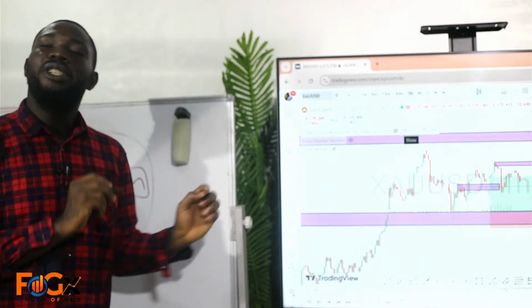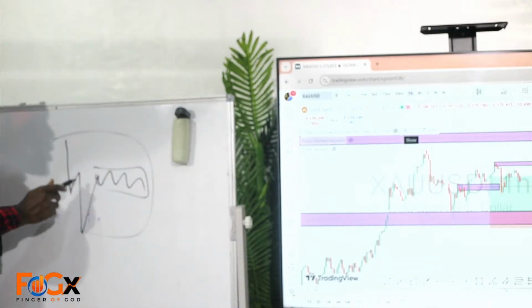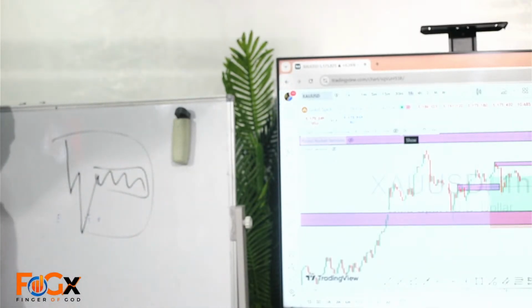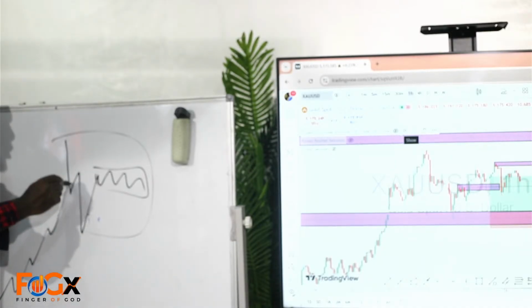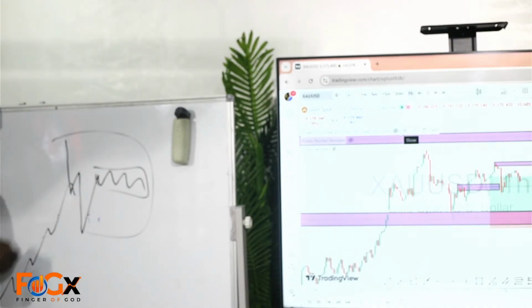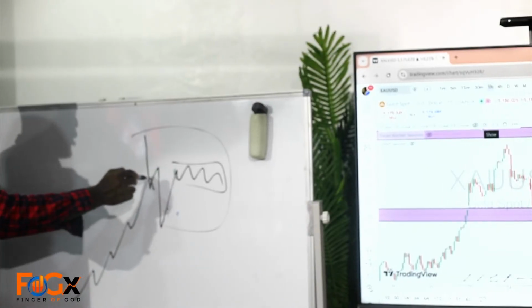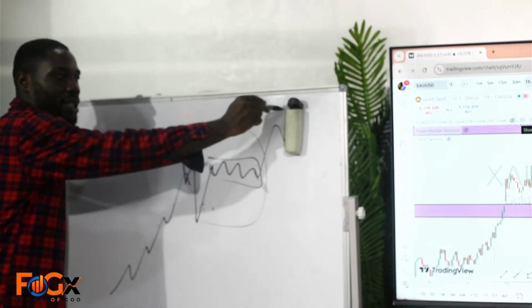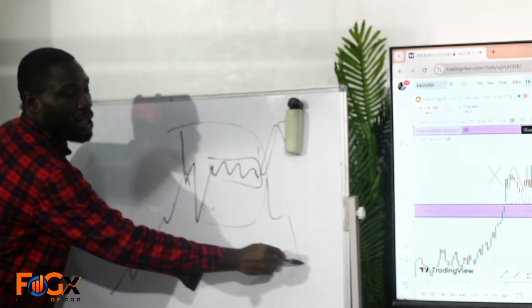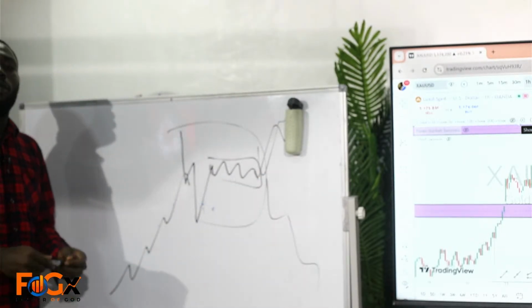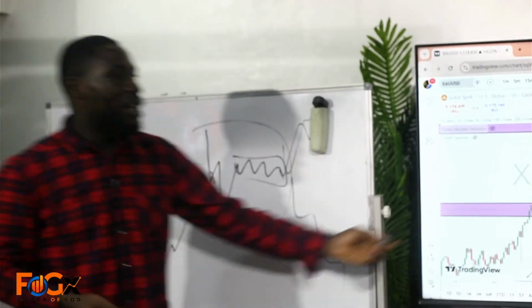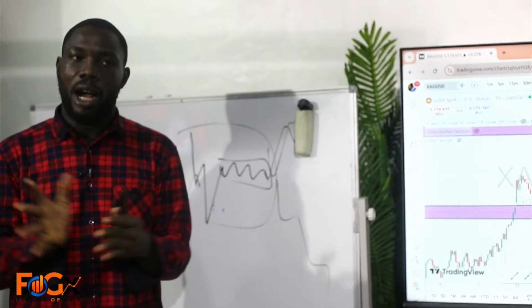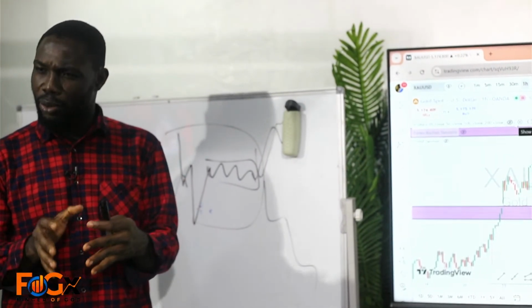Since this is a range, if price moved like this, this is an uptrend and this is a consolidation, then we should expect another movement, either to the upside or to the downside. Because when we are having a range, we are having accumulation of orders.